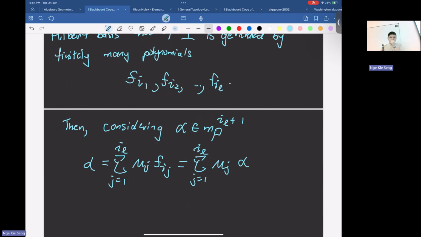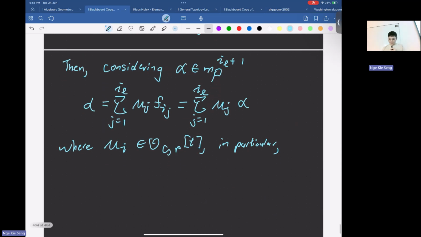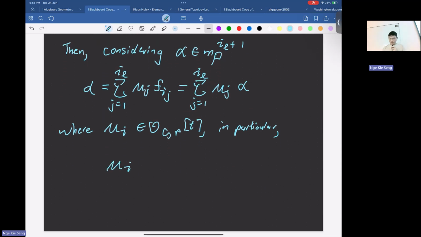But where does this m_j come from? m_j is just some coefficient in the ring. In particular, we don't simply pick this m_j. To be precise, they live in M_P^{i_L+1-i_j}. Why? We need to make sure that the powers of T on both sides match up.